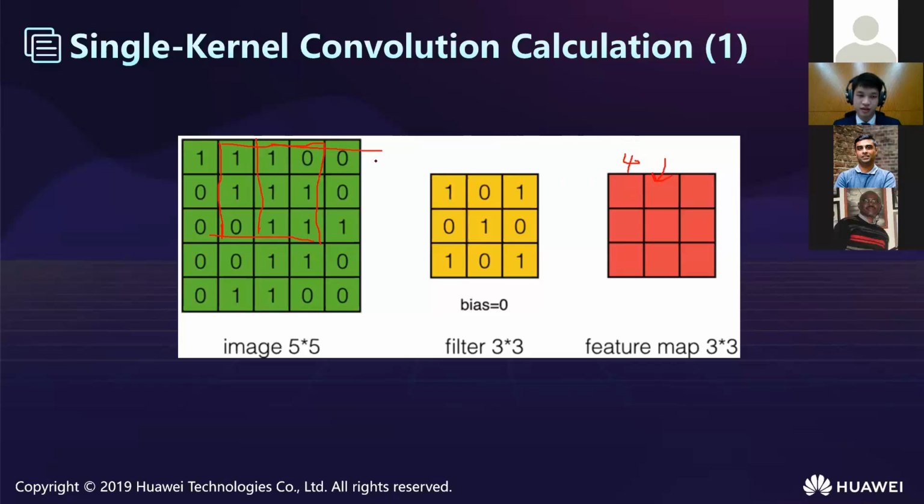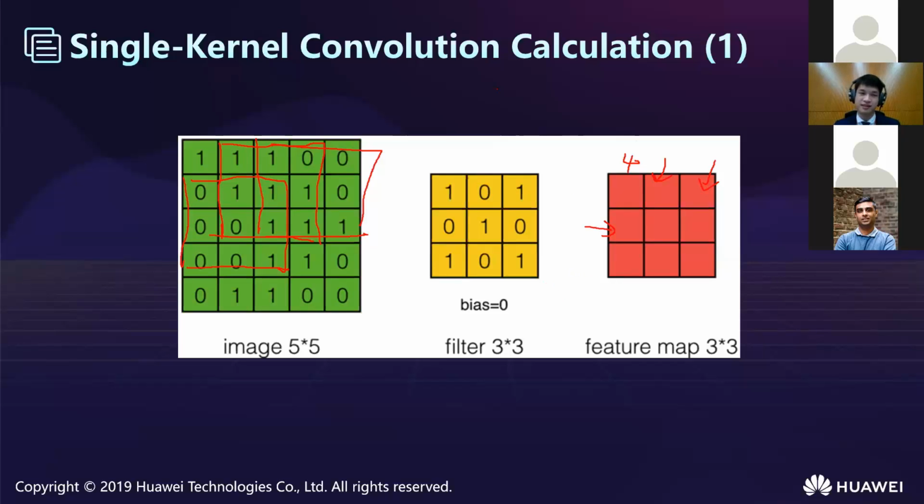Move the kernel to this position and we get the value here. And then we move the kernel to this position and get the value here. So can you understand it? Yes.